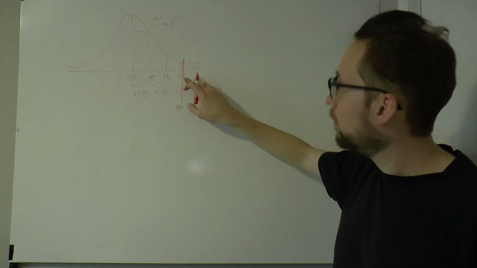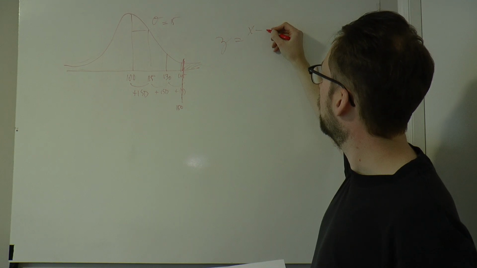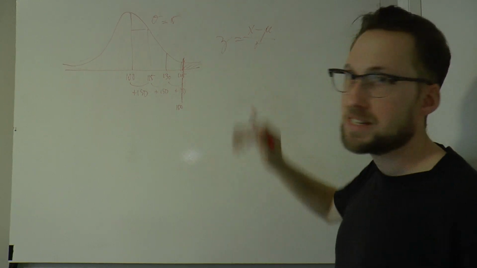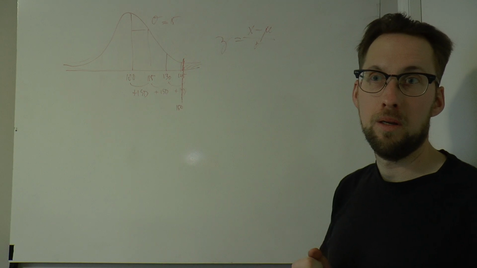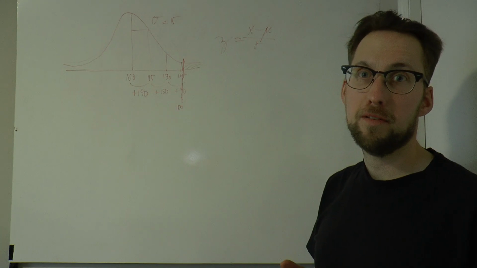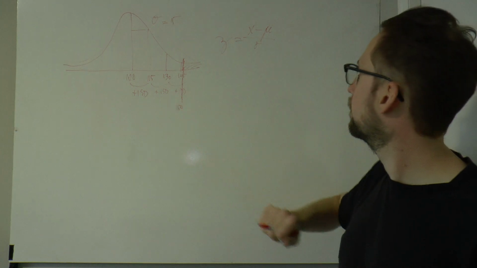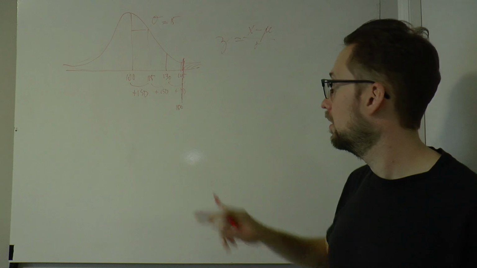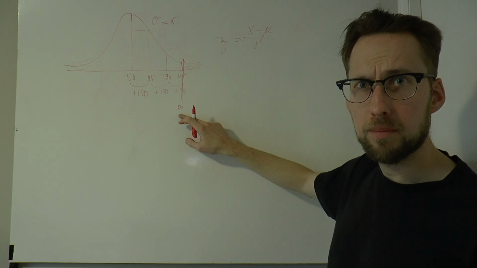Okay. Now how do I convert this to a z-score? First, think. What are you expecting to find as a z-score? A number below 0 or above 0? I hope you would say above 0. After all, this is well above the mean, this number. A lot above 0 or not that much? Well, look at how far away this is. Probably quite far removed.